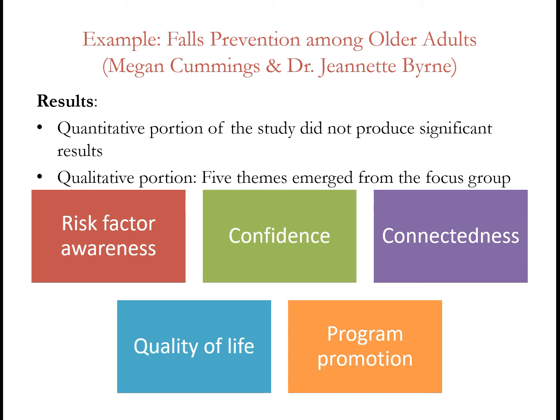They felt the program helped with their quality of life, and they also had suggestions for how to promote the program. So this research highlights the importance of a fall prevention program for older adults, not only to keep them healthy, but also for the personal and social benefits that they facilitate.